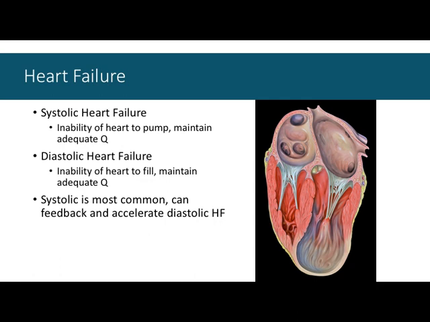So they are technically separate ideas, but they often do occur together. And if they don't occur together, systolic heart failure is often more common and can be a prerequisite for diastolic heart failure.